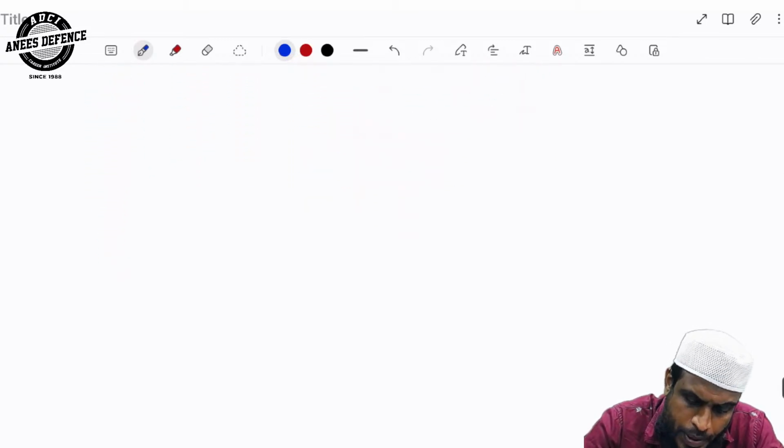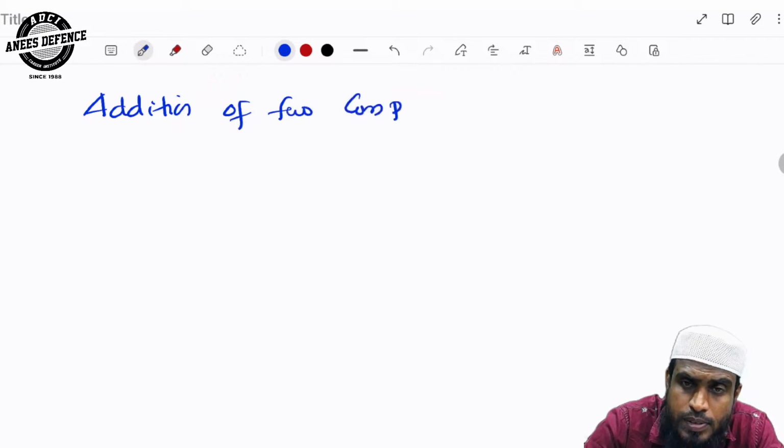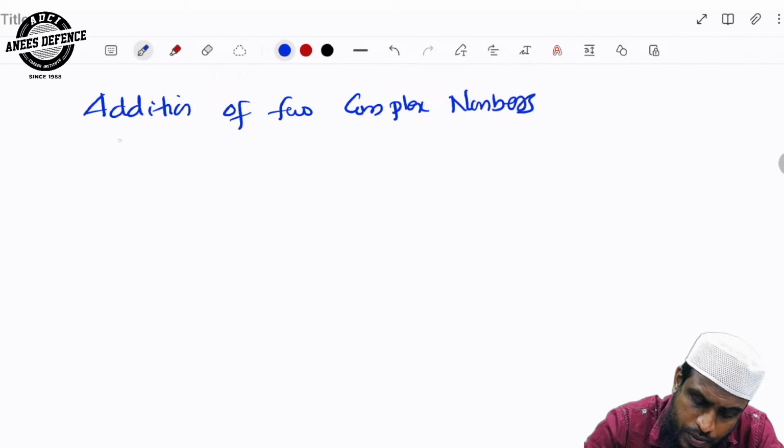Then addition or subtraction of two complex numbers.